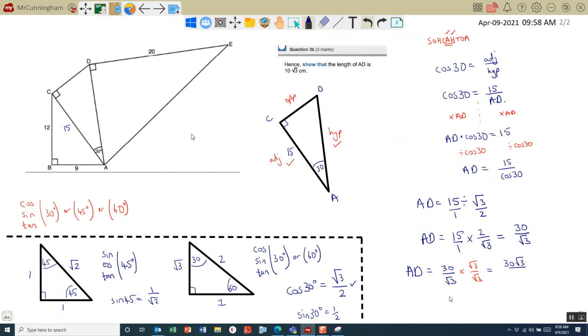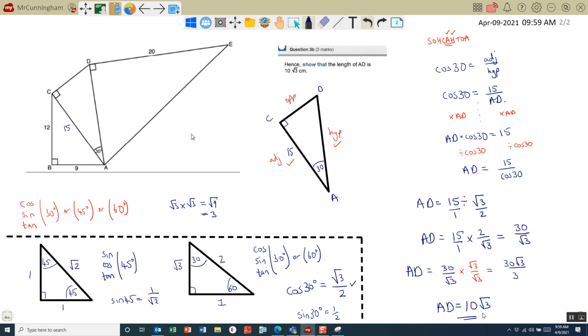On the bottom I've got root 3 times root 3, well 3 3's are 9, so that's root 9, and the square root of 9 is 3. Then we can simplify our fraction. 30 divided by 3 is 10. So I end up with 10 root 3 as required.